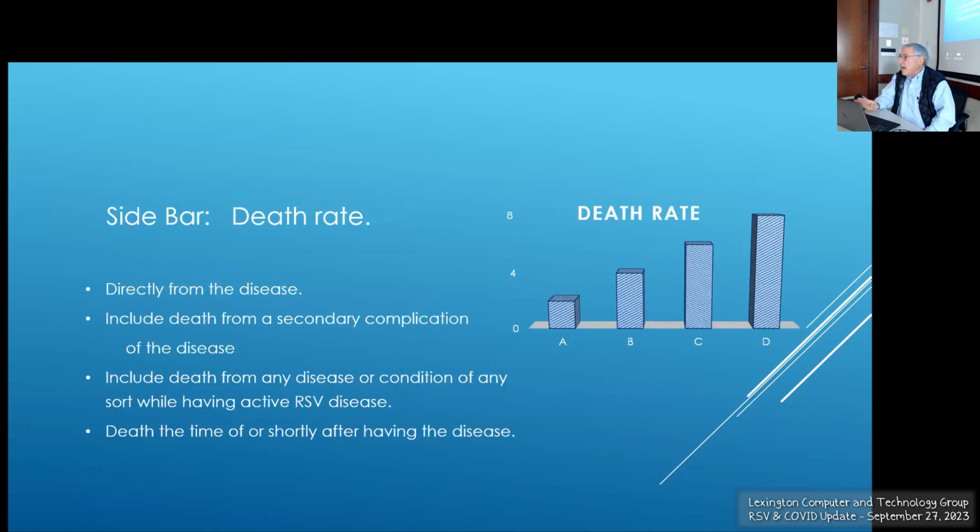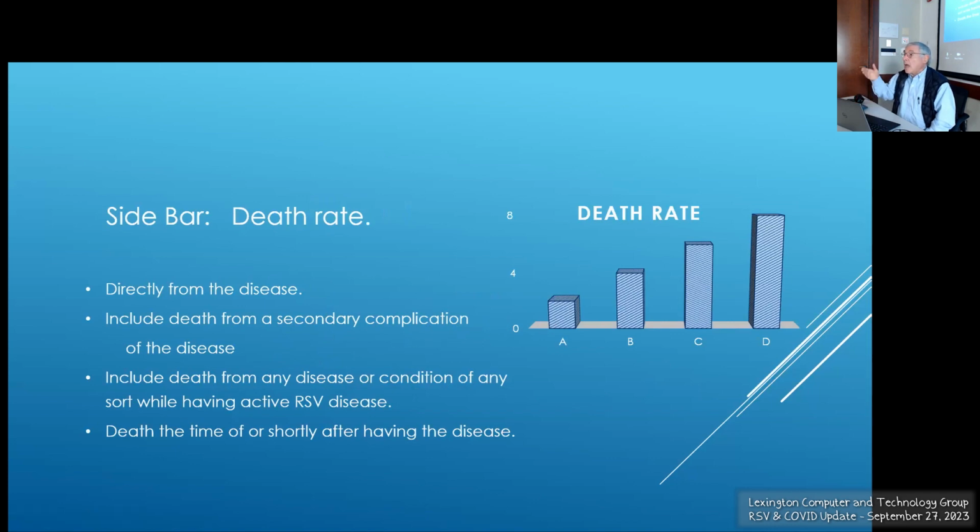Now I want to take a sidebar here on the idea of death rate, because they say it reduces the death rate. Well, how do you calculate death rate? One way is directly from the disease. You got the disease and you died. Like getting shot by a bullet in the heart and you die. Pretty clear. And that's this group here. Then you can have a secondary complication of the disease.